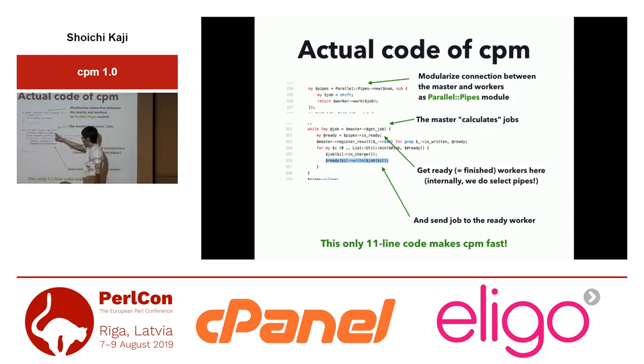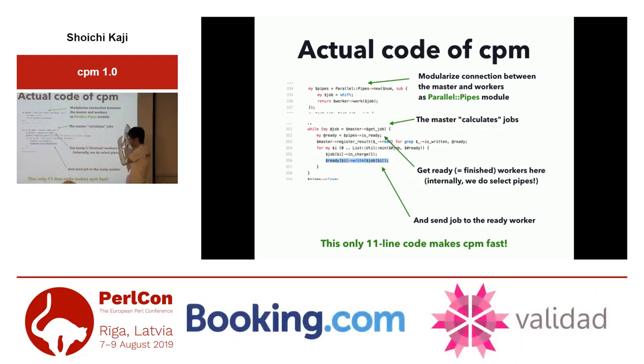Then it gets a ready worker and sends the job to the ready worker. This only 11 lines of code makes CPM faster. This is the critical part of CPM.